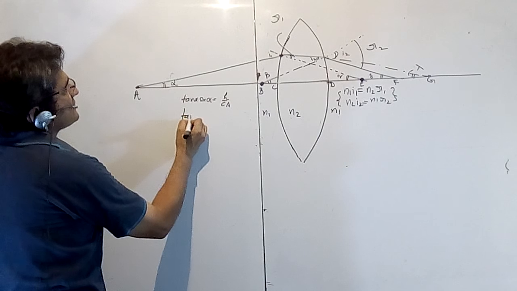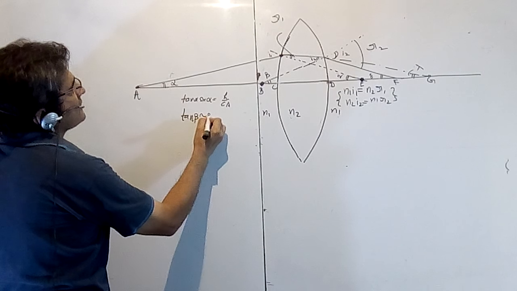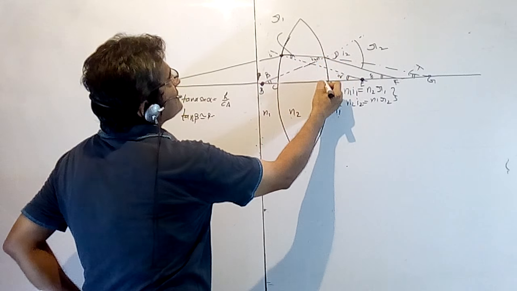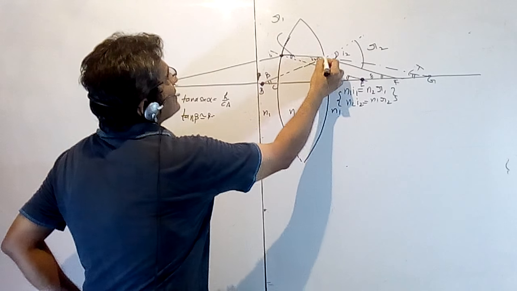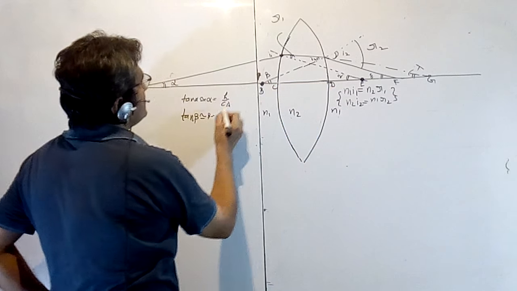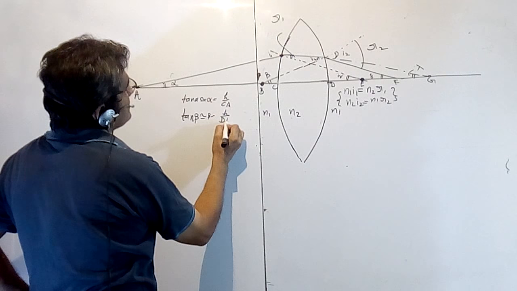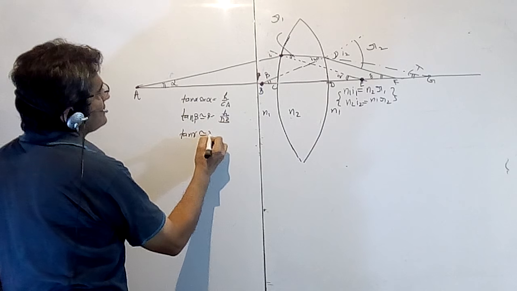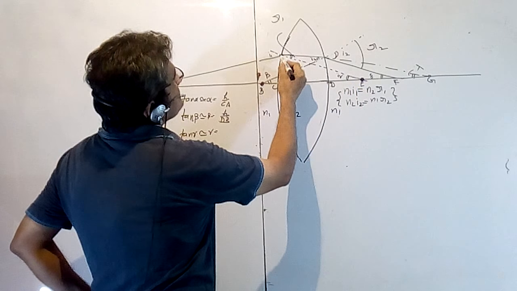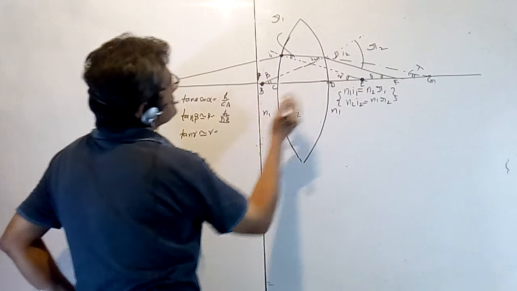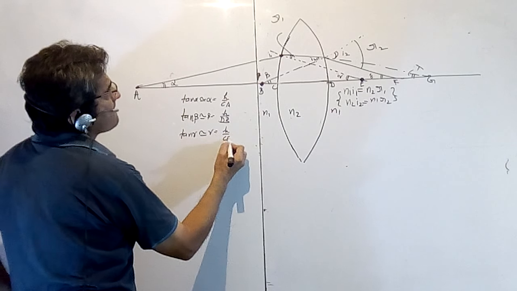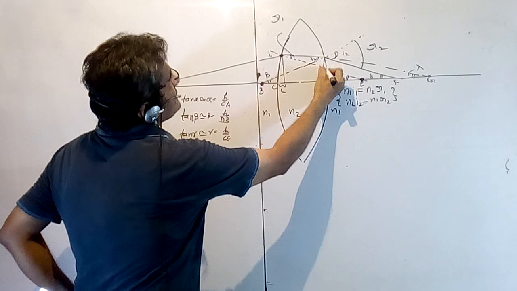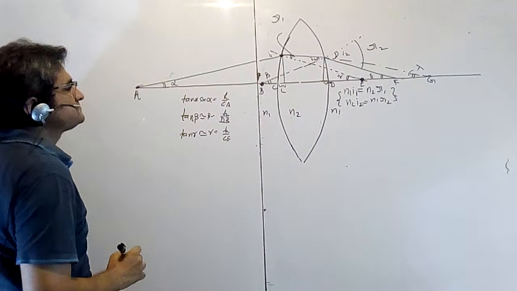Tan beta is how much? It is beta, and when you write for beta, this is the triangle. It is reaching here. So you take this triangle. So h upon DB. Now write tan gamma. Tan gamma is equal to, for gamma, h upon CE. These small distances, this and this, are ignored.